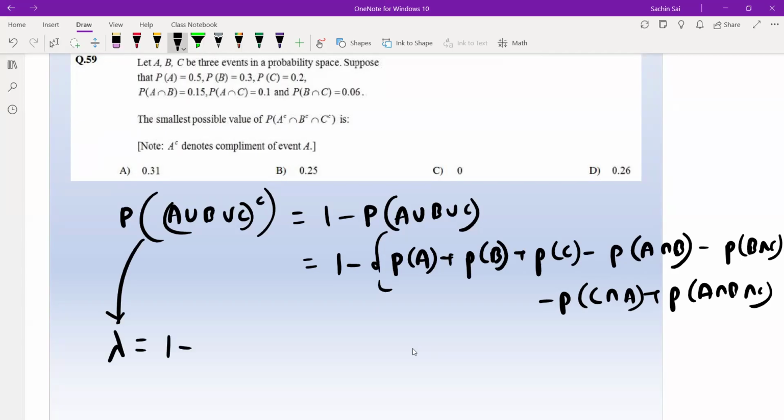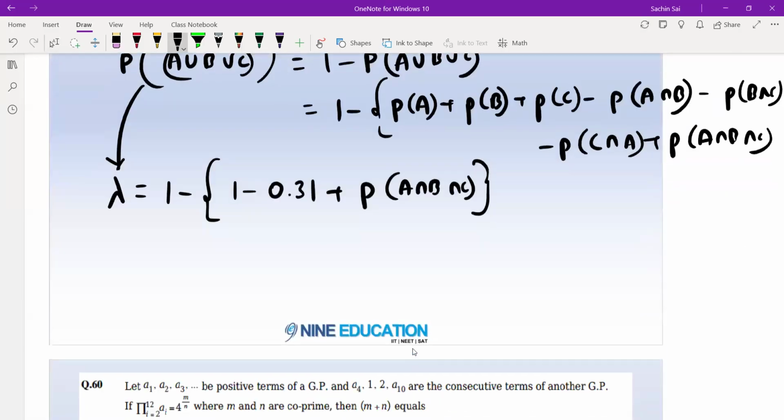On the right hand side, we have 1 minus P of A plus P of B plus P of C is 1 minus P of A intersection B plus P of B intersection C plus P of C intersection A is 0.25 plus 0.06. So that's 0.31. Plus we have an unknown quantity here, which is P of A intersection B intersection C. So if you simplify this, you will get P of A intersection B intersection C is lambda minus 0.3.